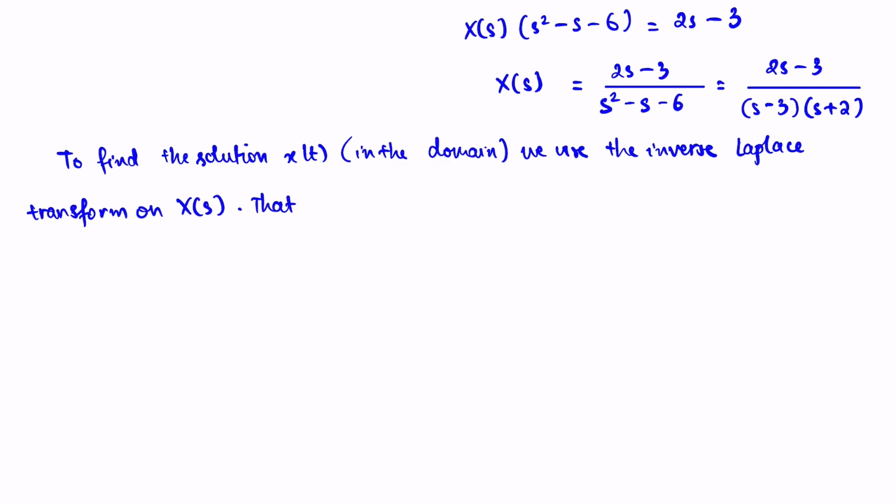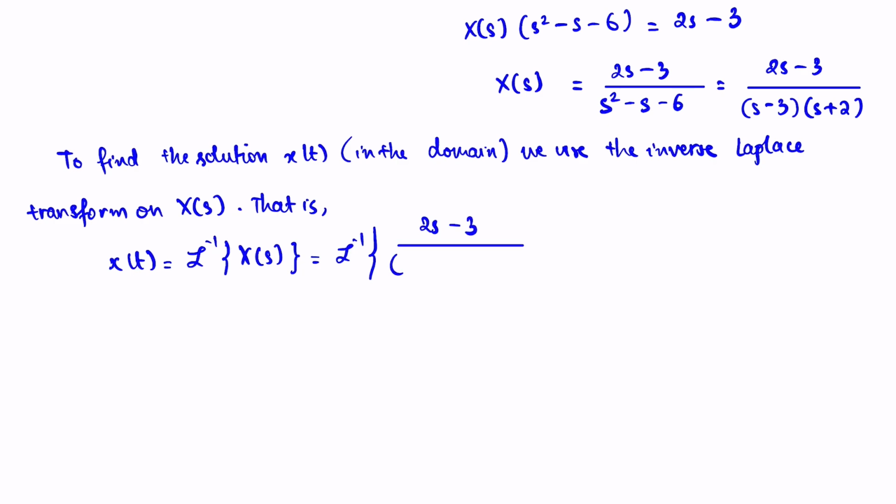That is, you have x of t equal to the inverse Laplace transform of capital X of s. Well, this is the inverse Laplace transform of 2s minus 3 divided by s minus 3 times s plus 2.